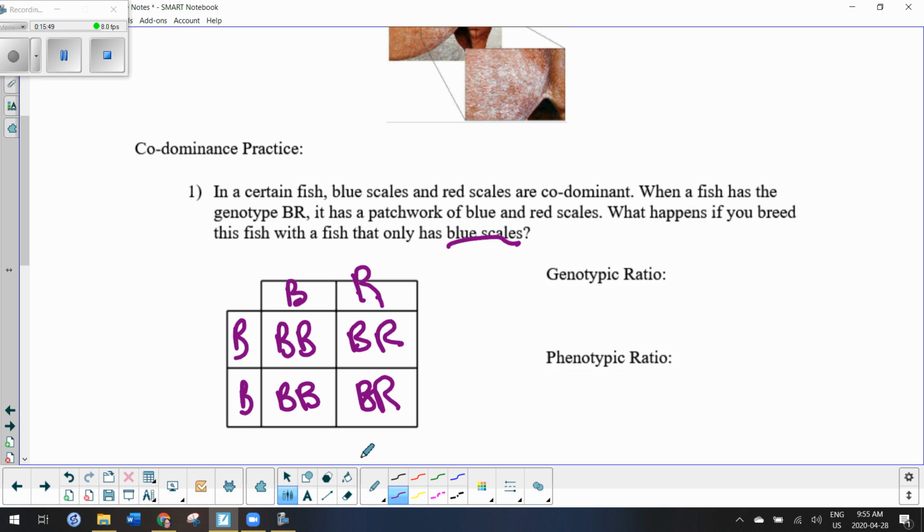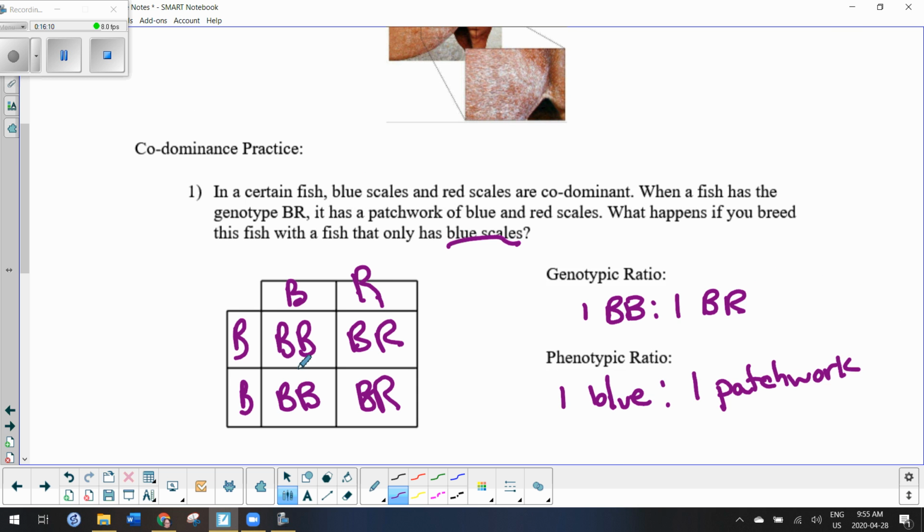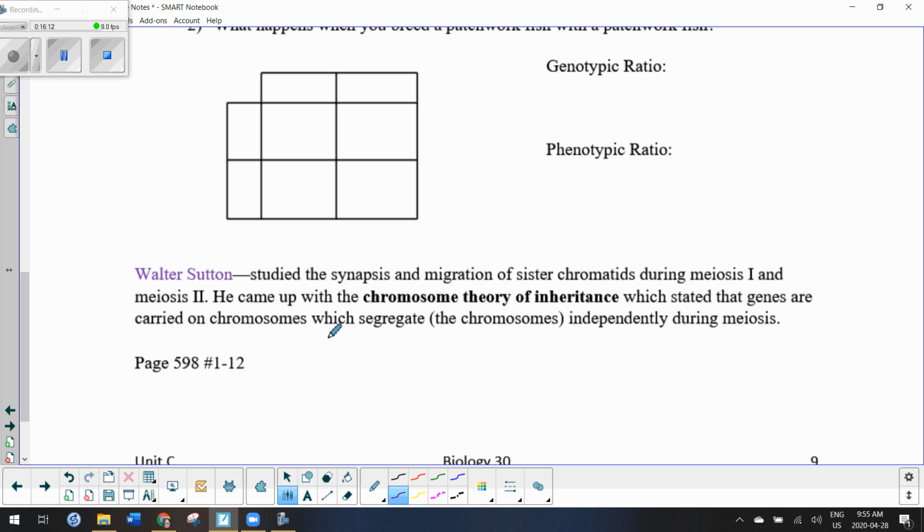So it's a 50-50, a 1-to-1 ratio again for my genotype. BB represented blue and BR represented patchwork. Okay, try number 2 on your own and check if you did it right.